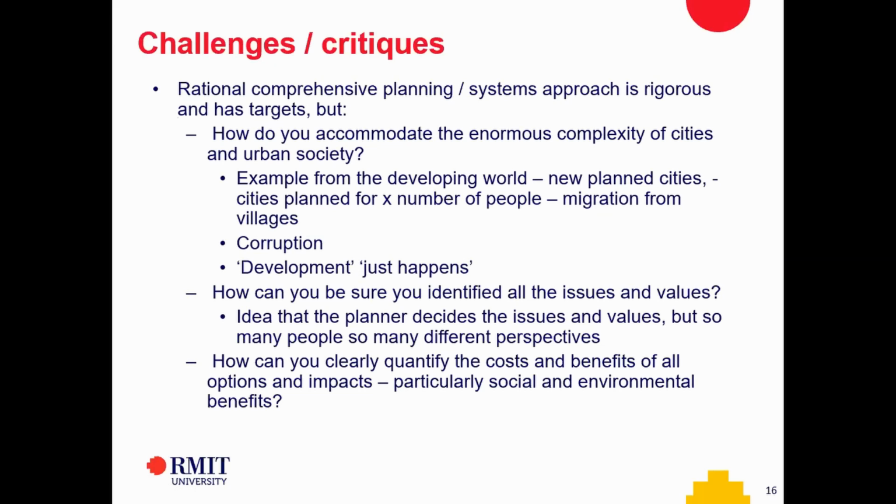So you've got cities that are complex, and you have a range of issues which the rational comprehensive approach didn't seem to be very adequate at dealing with. Cities were much more messy and complex than the rational comprehensive approach had assumed. And look, you've got social and environmental costs as well, which emerge and are much more unpredictable. Environmental costs, for example: some of the impacts are short-term, some are very long-term and very unpredictable.